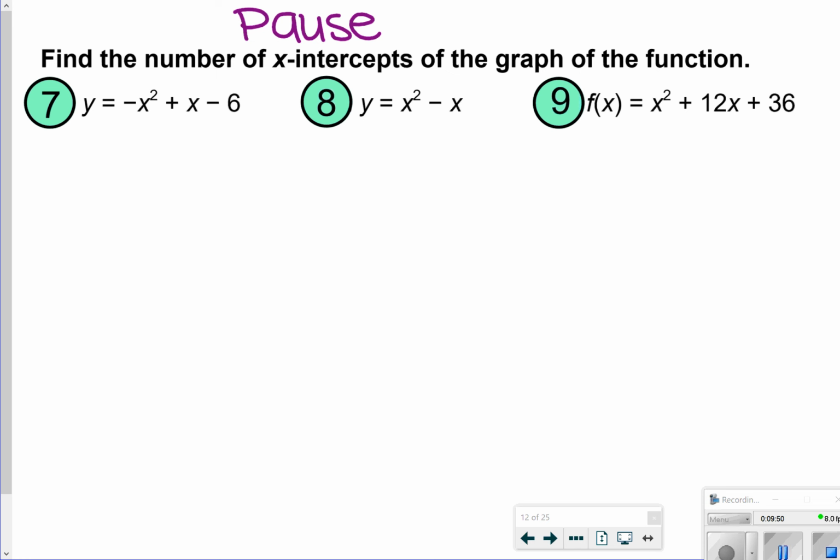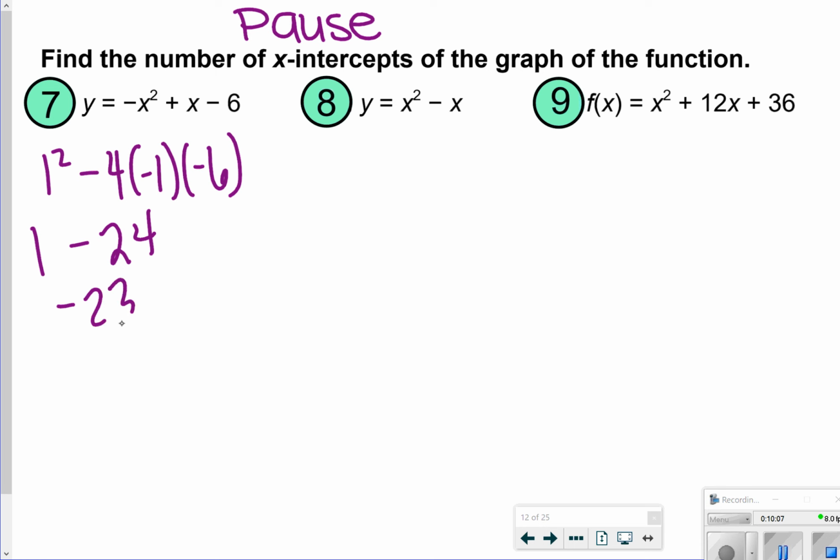All right. Sorry about that. So we have b squared, which is 1 squared for number 7, minus 4 times negative 1 times negative 6. So we have 1, negative 4 times negative 1 is positive 4, 4 times negative 6 is negative 24. This is going to give us negative 23, which means there are no x-intercepts.